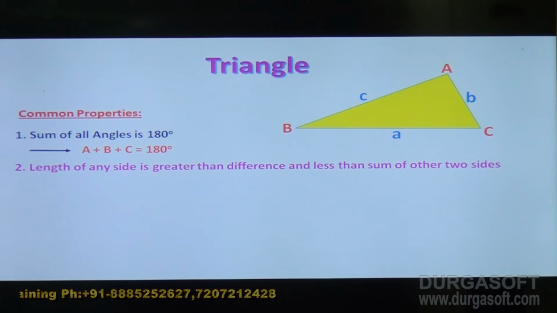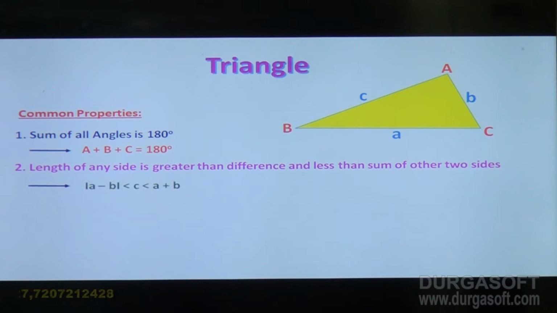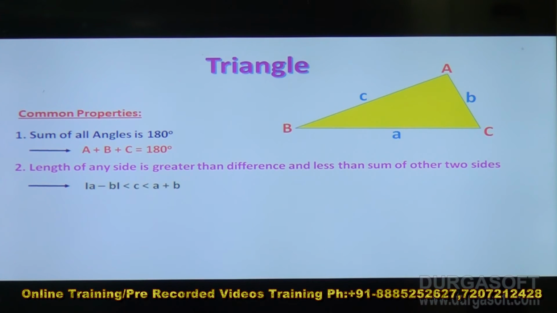Next, the length of any side is greater than the difference and less than the sum of the other two sides. That we can take as modulus of A minus B is less than C is less than A plus B, where small a, b, c we are considering as sides.